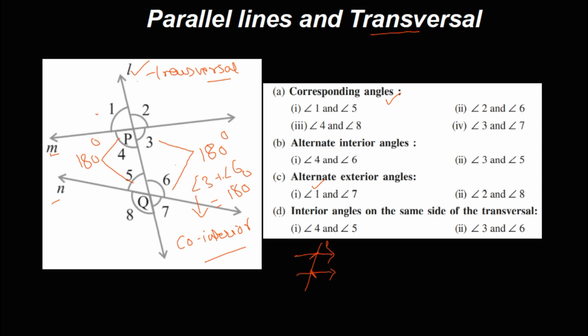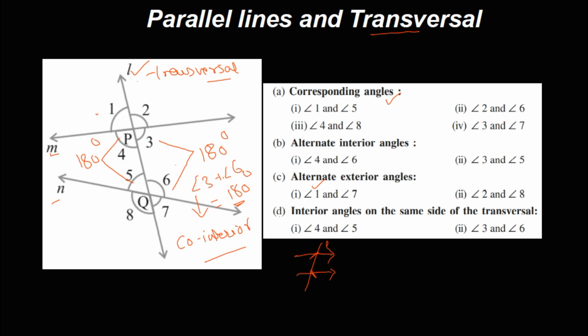So same side supplementary means angle 4 and angle 5, and angle 3 and angle 6, are co-interior angles, and one more property says that their sum is always supplementary. If one is acute and the other is obtuse, they will always give you the sum 180. But under what condition is the sum 180? This is also very important here. The sum is 180 when the lines are parallel to each other.